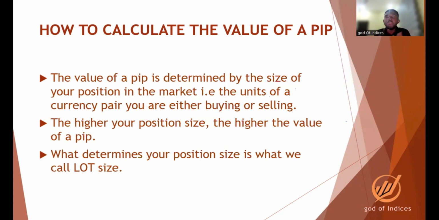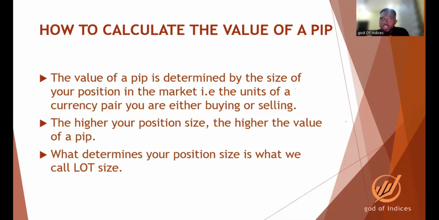The value of a pip is determined by the size of your position in the market, that's the units of the currency pair you are buying or selling. So when you have a larger size, the value of the pip in dollars is going to be high. With a lower position size, the value of a pip in dollars is going to be lower.